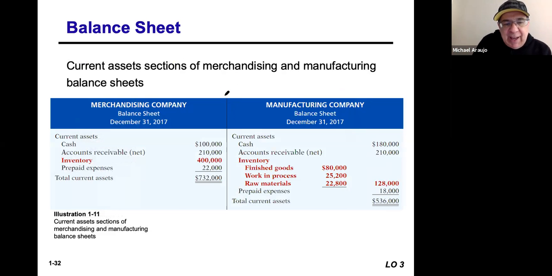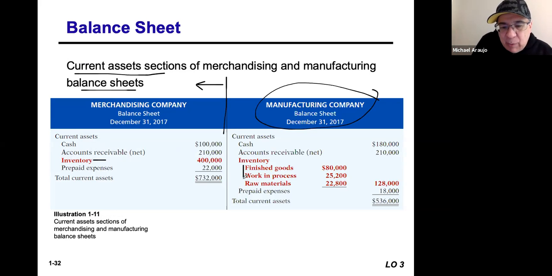And so you'll see that this is simply the current asset section of a balance sheet. Here on the left side, you have the merchandising company, which simply has inventory as one big account, no separations. But in manufacturing, because they're actually creating the inventory, they want to show basically what they have.